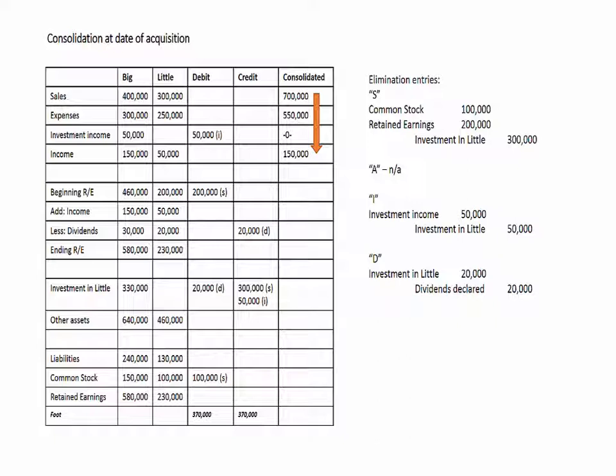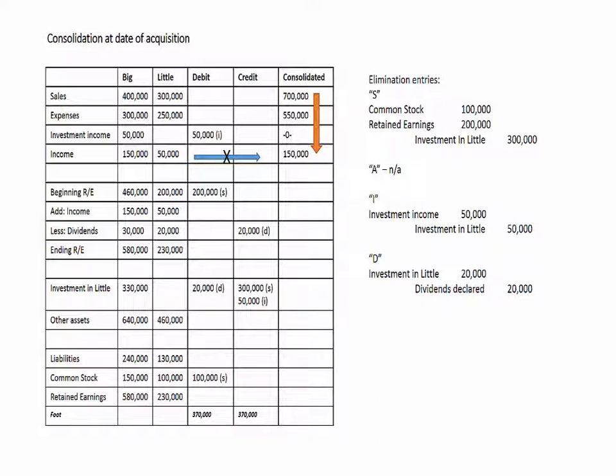If we were to add across the income, we'd have $150,000 for Big plus $50,000 for Little, which would total $200,000, and that's incorrect. Basically, Little's income of $50,000 would be double counted. Not only is the $50,000 in Little's column, it's also included in Big's income of $150,000.